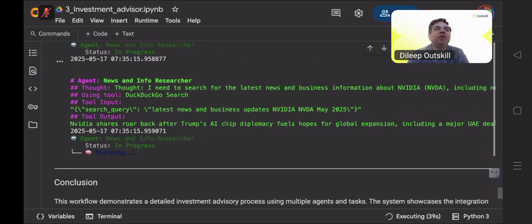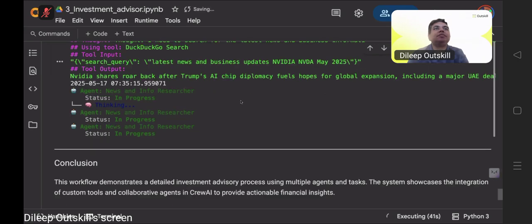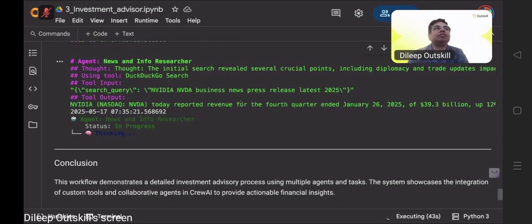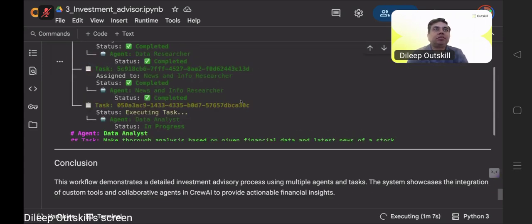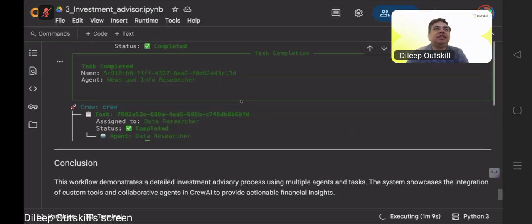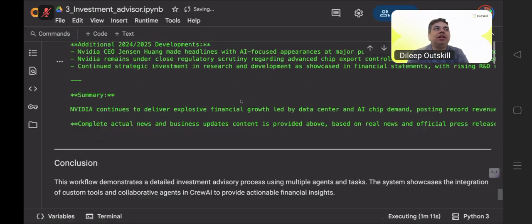Now the News Explorer agent is running. Now the data analyst is running because it has gathered all the news required.